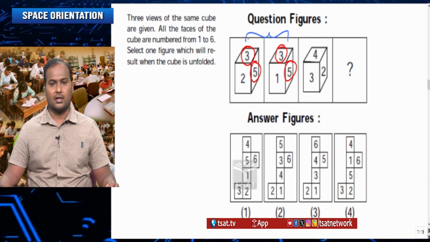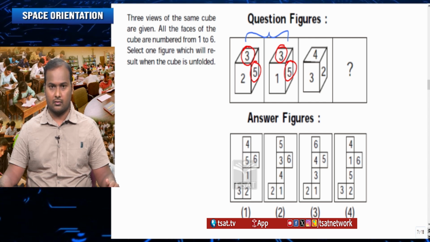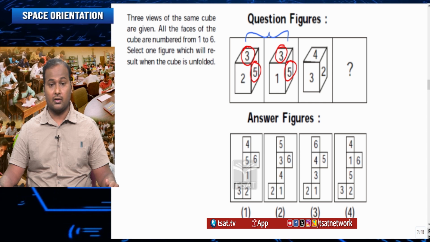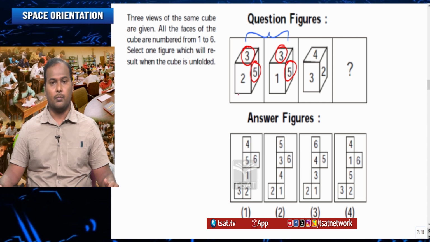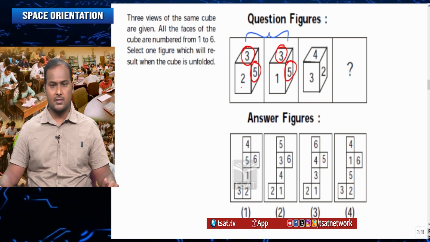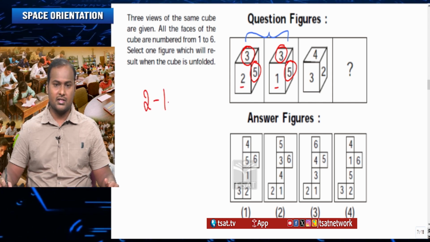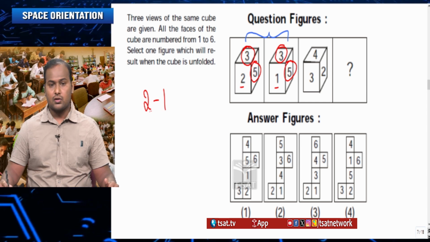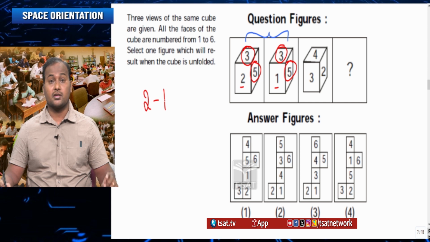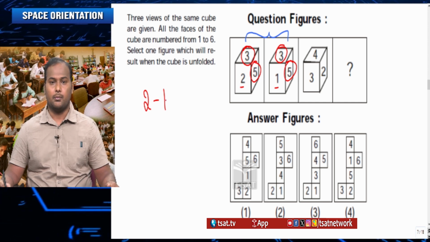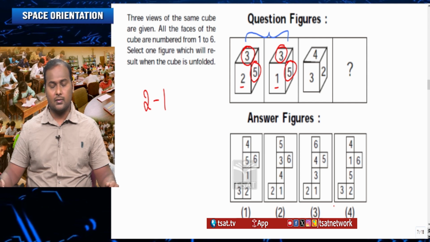Whenever you select any 2 cubes, when 2 faces are common, in this case 3 and 5, the remaining faces will be opposite. What are the remaining faces? 2 and 1 are opposite. So obviously 2 is opposite 1. I already said that between 2 opposite faces, you should have one face in between. Based on this logic, we will check which option is correct or wrong.